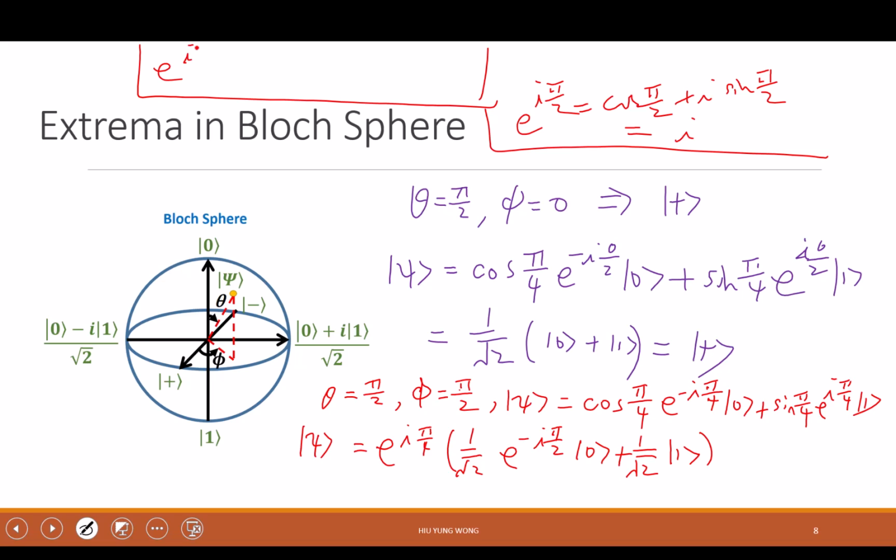E to the power i pi over 4 equals cosine pi over 4 plus i sine pi over 4. What is that? I might have done something wrong here. 1 over square root 2 plus i 1 over square root 2, right? But I don't care about this actually. I don't want to add this to my face. It's ugly.